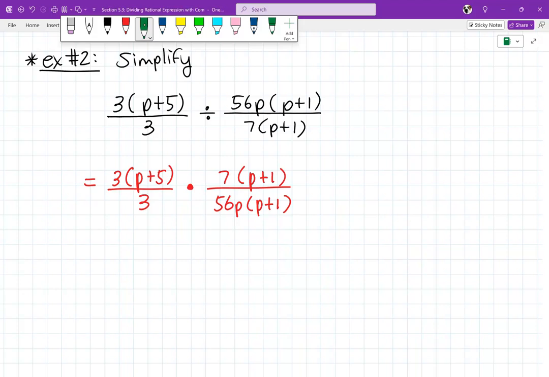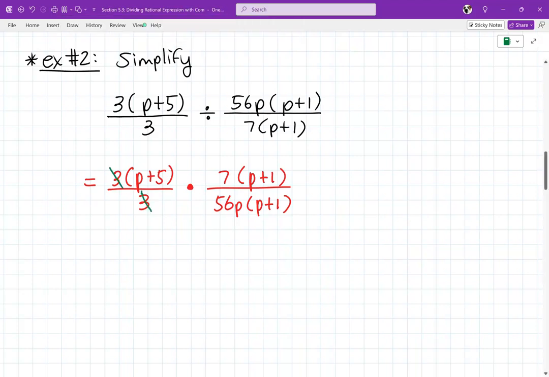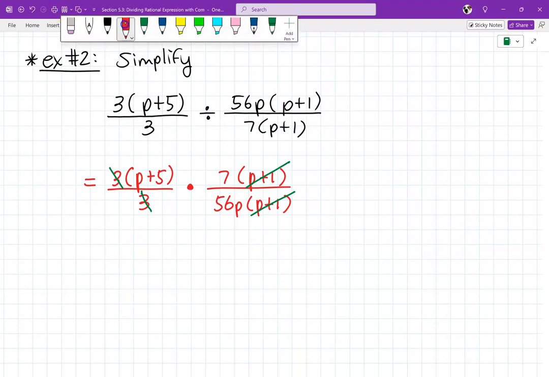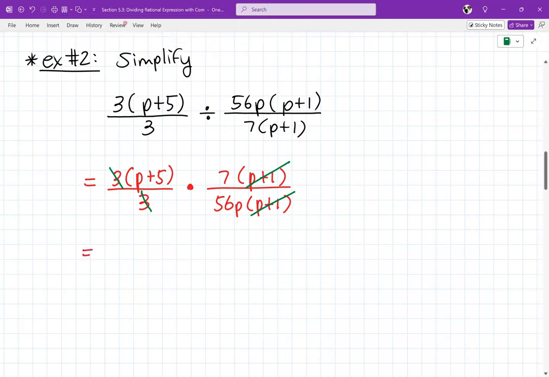On the first fraction, I can get rid of the 3. On the second fraction, I can get rid of the p plus 1. There's one more thing you can do, but let me rewrite so it doesn't get too busy with too many marks. This is p plus 5 over 1 times 7 over 56.